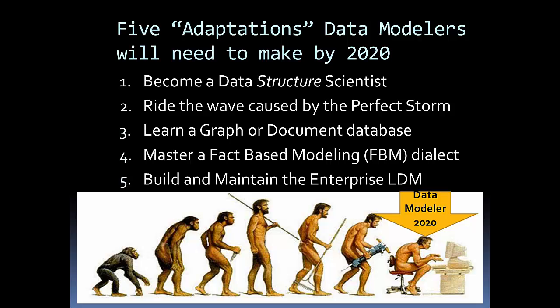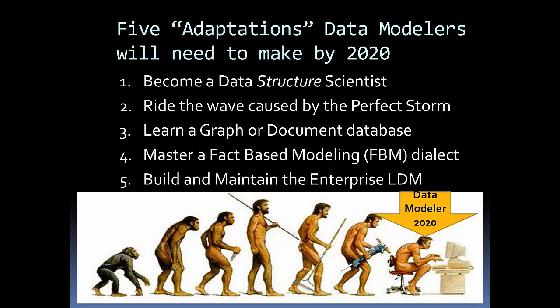So just to summarize, if we make these five adaptations, we'll be thriving by the time the year 2020 comes along. Become a data structure scientist. And remember, I don't necessarily mean changing our job titles from data modelers to data structure scientists. What I mean by that first one is being able to take our skill of simplifying things and applying it to different areas.